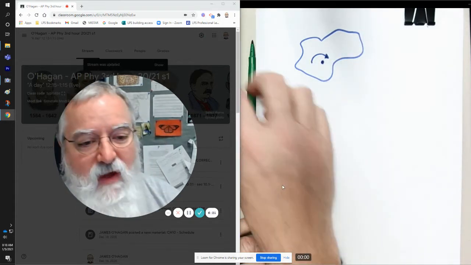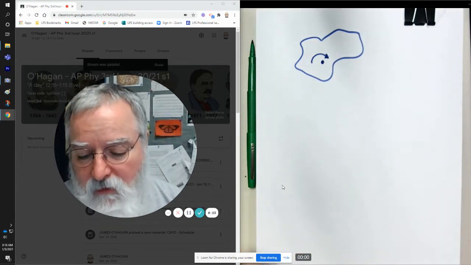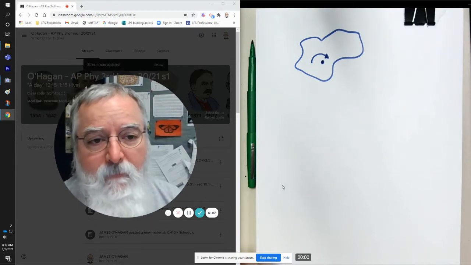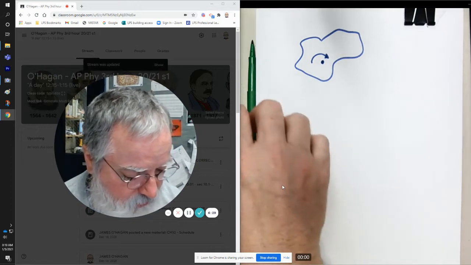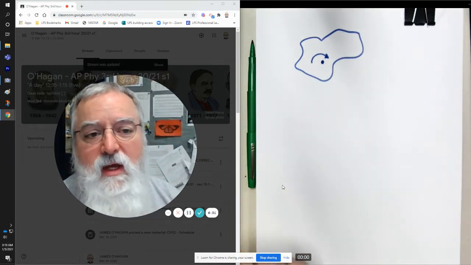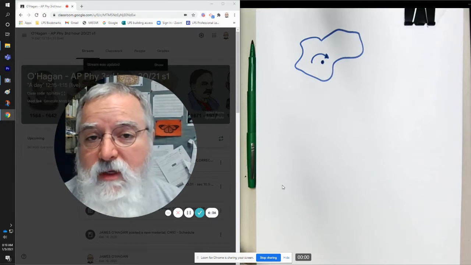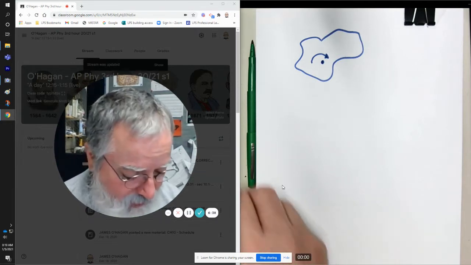We're going to divide this up into a bazillion itty-bitty particles, a little mesh of itty-bitty particles, and we're going to find the kinetic energy of each one independently. Then we're going to add them all together.